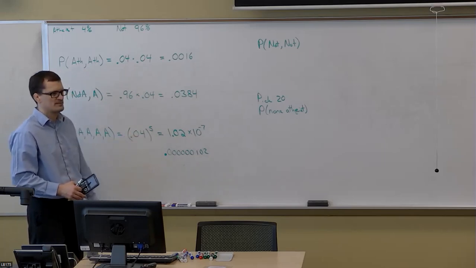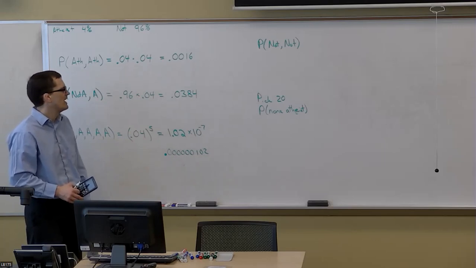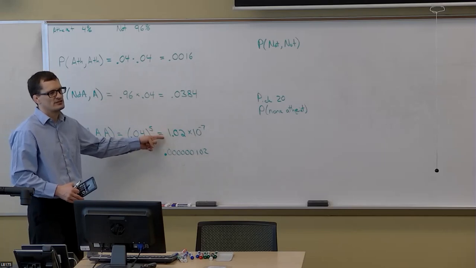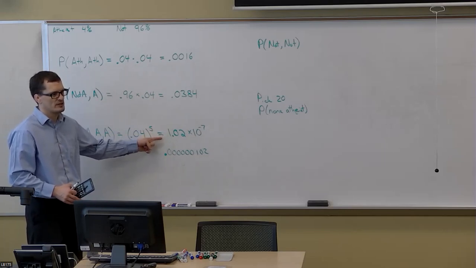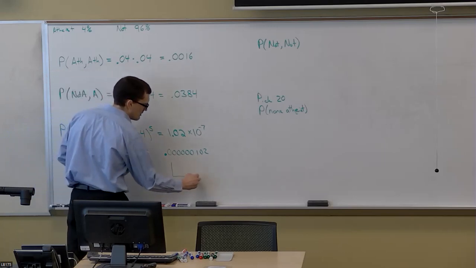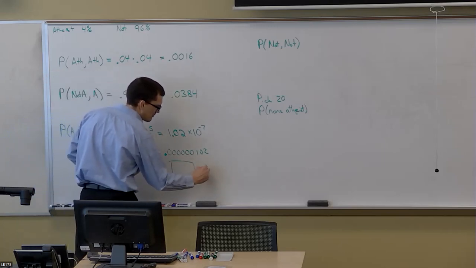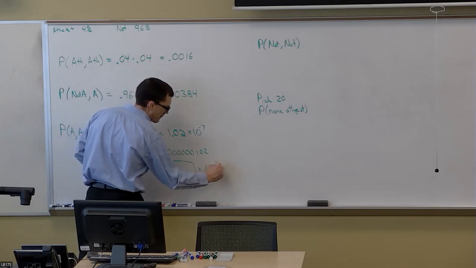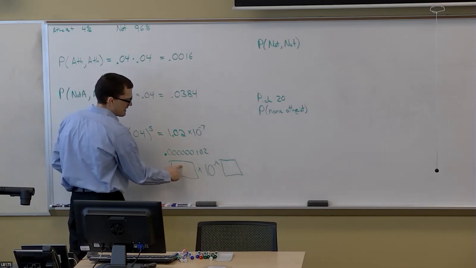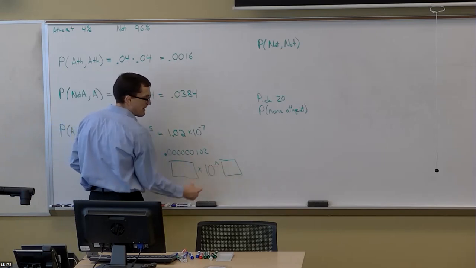Does that make sense? If you do have one that comes out in scientific notation, it'll describe how to write it in Moodle. Usually, if something comes out in scientific notation in Moodle, it'll be formatted like this: something times 10 to the some power.